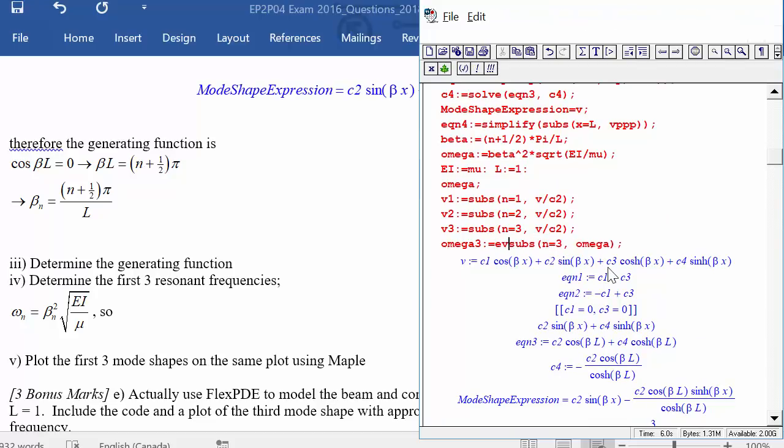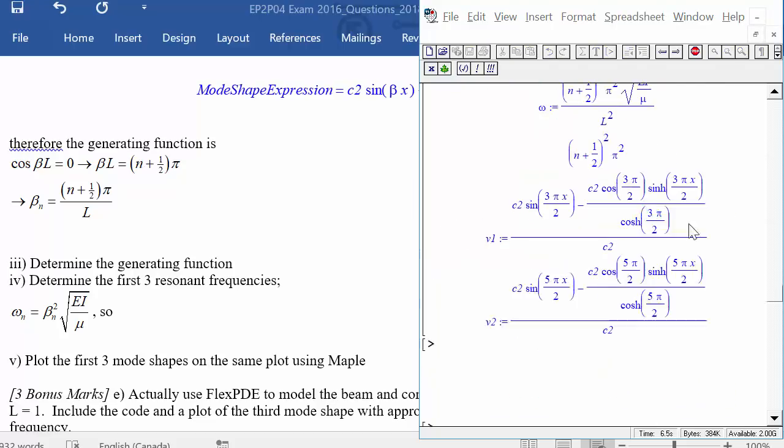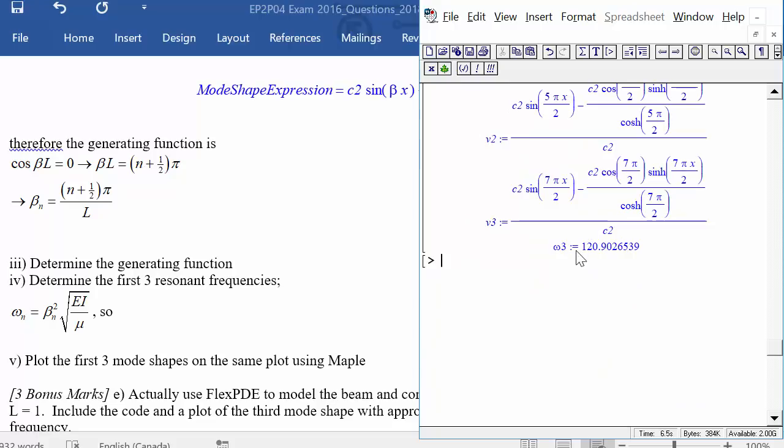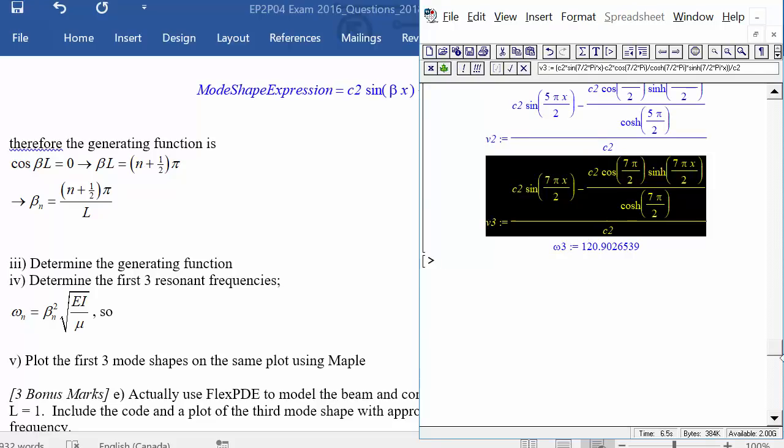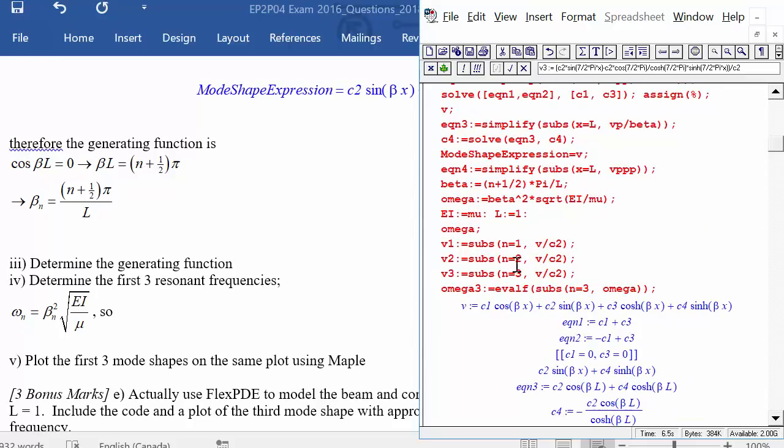And let's put a decimal point on that, just to make it a floating point. Okay, so we get omega 3 is 120, V3, oh, I guess we should simplify these because we want to get rid of that C2. So how about simplify that, that one and the next one.